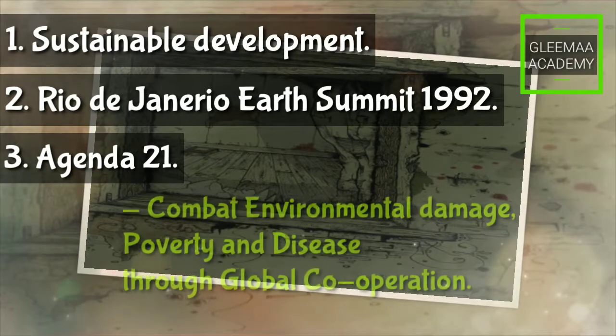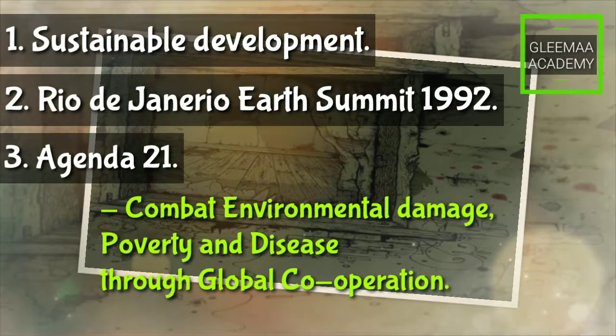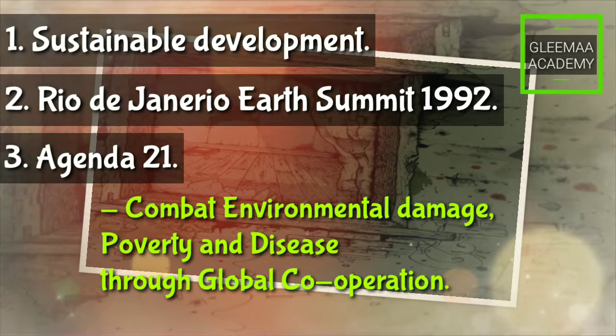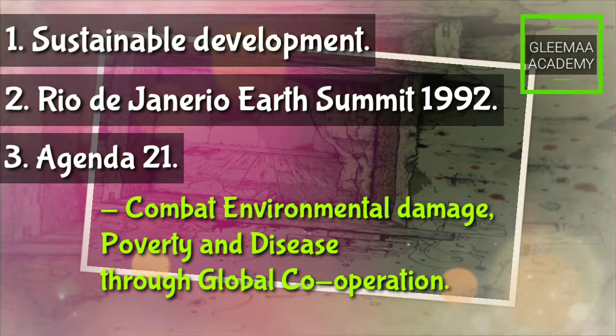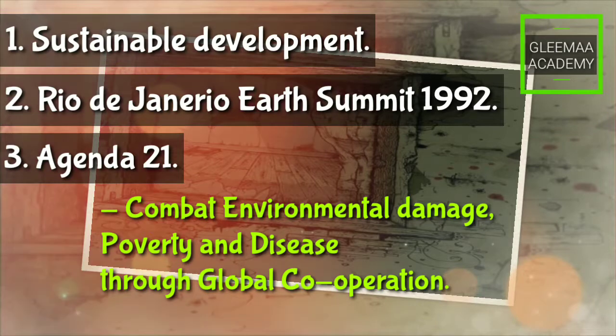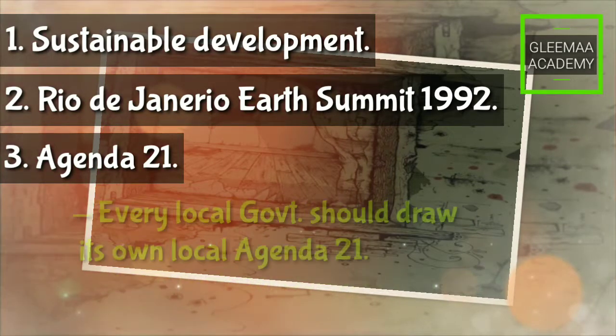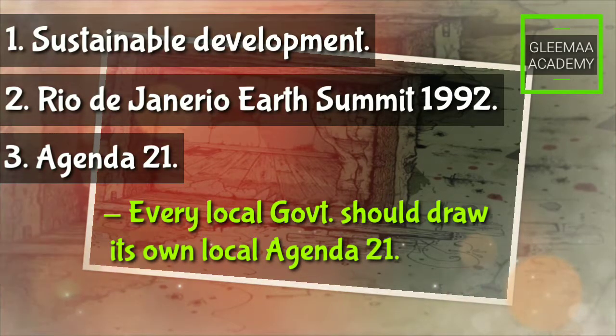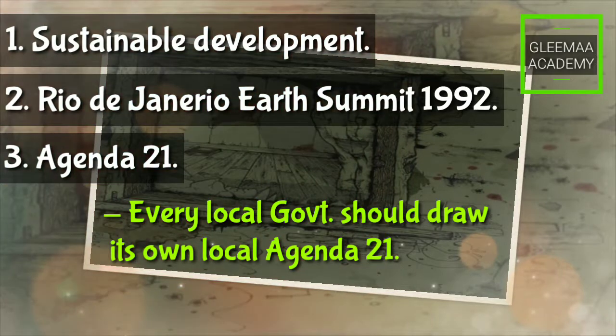It is an agenda to combat environmental damage, poverty, and disease through global cooperation on common interest, mutual needs, and shared responsibilities. One major objective of Agenda 21 is that every local government should draw up its own local Agenda 21.